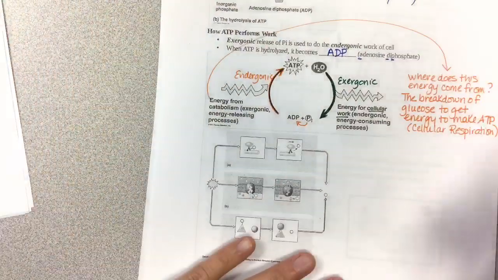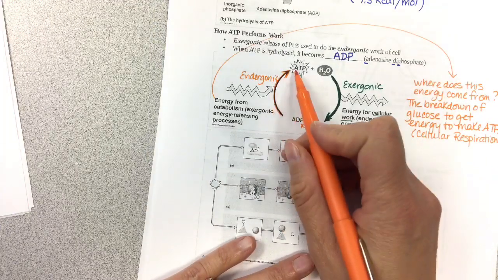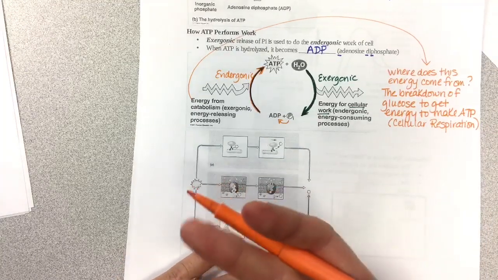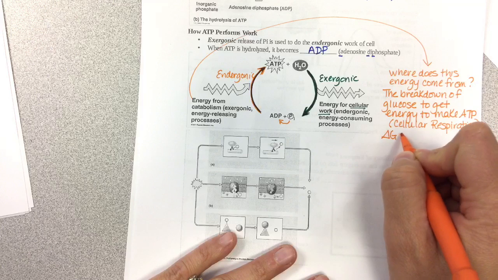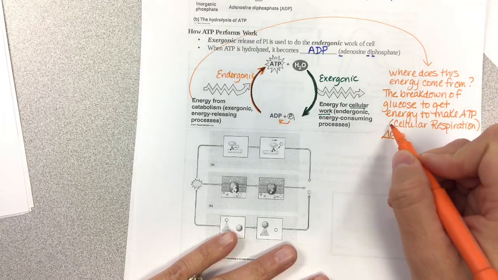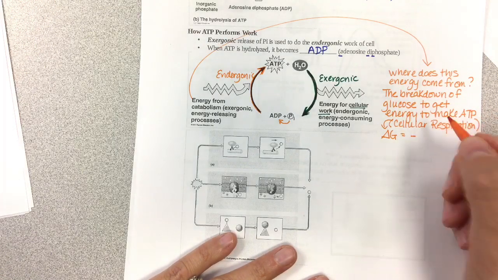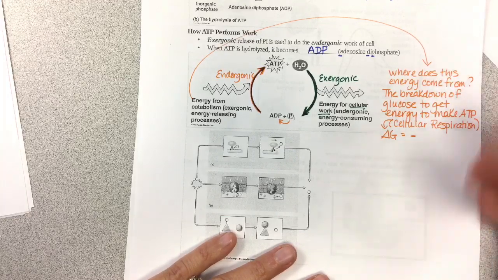Some of that energy is going to be used to put the phosphate back onto ADP to make ATP. Some of that energy is released as heat, so this is wasted energy. So therefore, the delta G for cellular respiration is negative because it's an exergonic reaction.